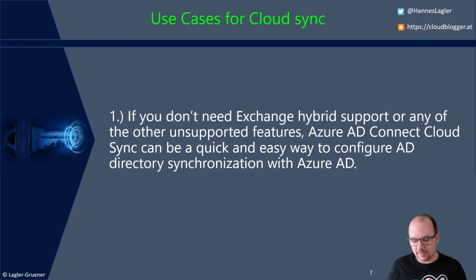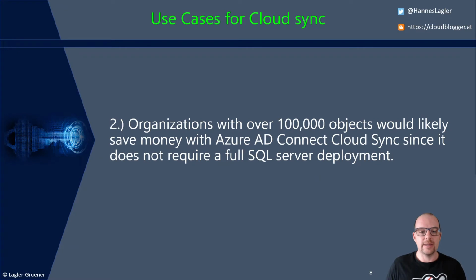And the second one is you can save money. So if you're an organization with over 100,000 objects, Microsoft recommends installing Azure Active Directory Connect on-premise, but not using the SQL Express version. You have to use an SQL server, and this means money.